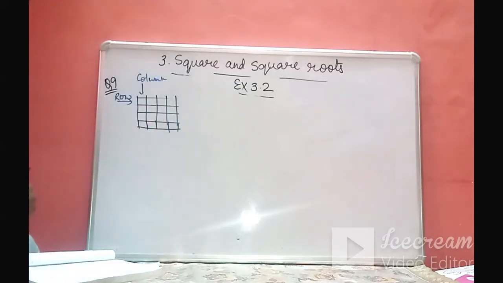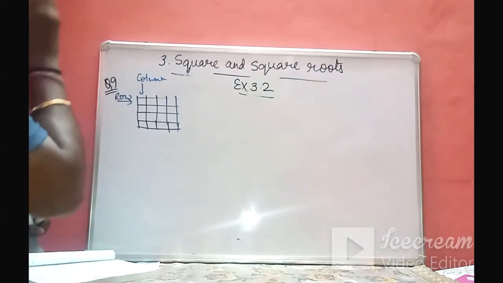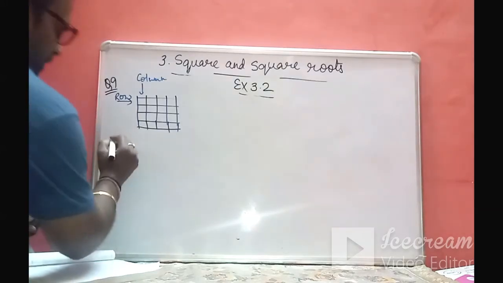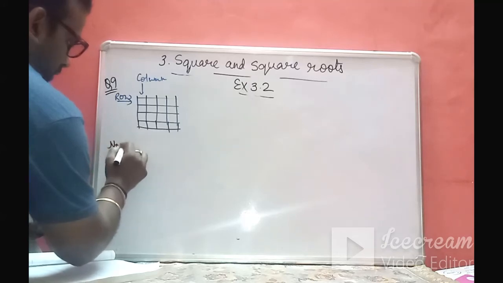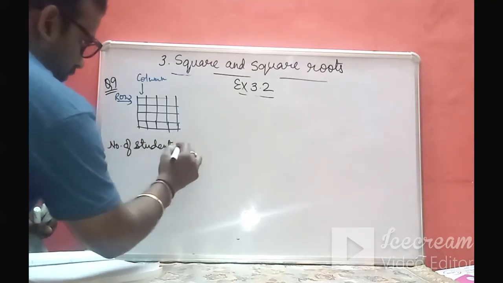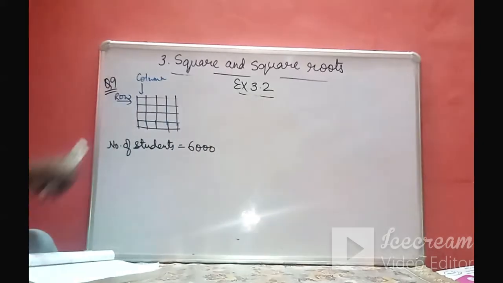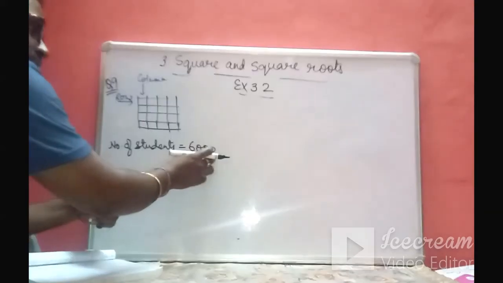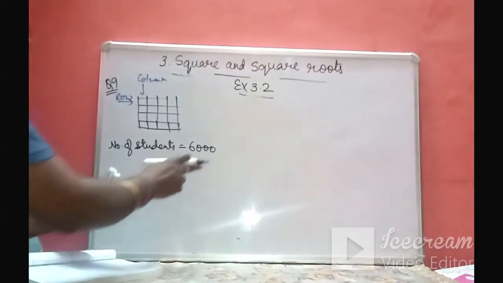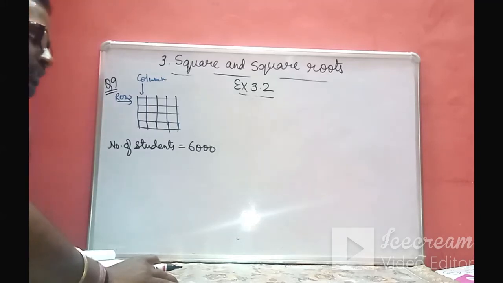Now what he wants is that the number of rows is equal to the number of columns, and he has got 6000 students. So the number of students equals 6000. Now if you want to arrange them such that the rows and columns are equal to each other, then it should be a perfect square, but it contains an odd number of zeros, like the property we have discussed, so it is not a perfect square.